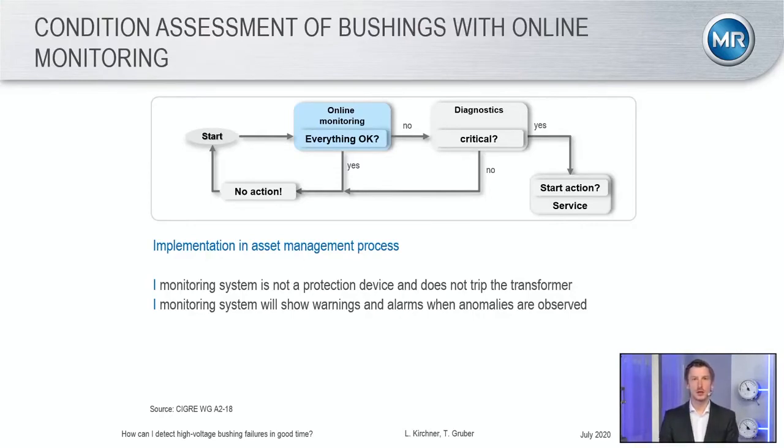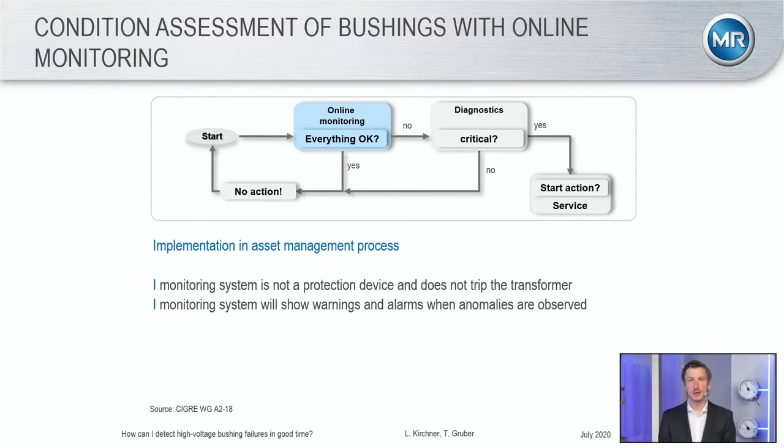It's a mixture of both, and this is a slide showing how you can implement online monitoring into your asset management processes. So if you apply online monitoring on the bushings of a critical transformer, and the online monitoring has an event and tells you something happened in the change of the capacitance or in the change of the dissipation factor, then you apply a diagnosis measurement and see what is really the case.